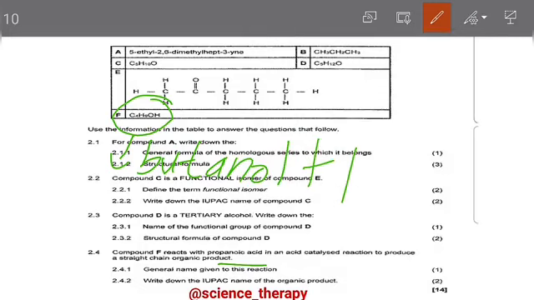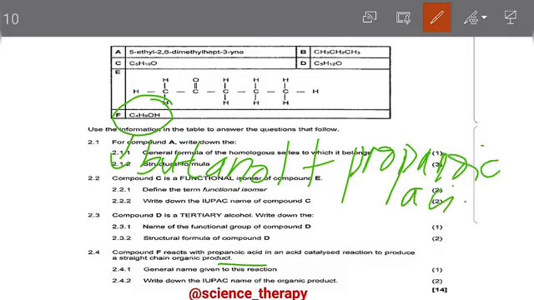Then plus propanoic acid. Now remember the name of the ester. We drop off the anol and put YL for the alcohol, so it becomes butyl.